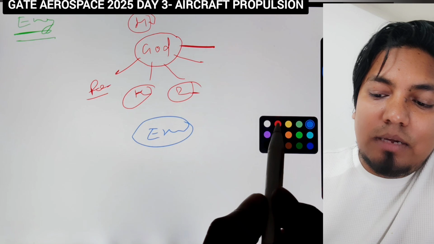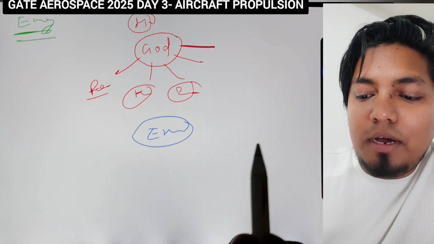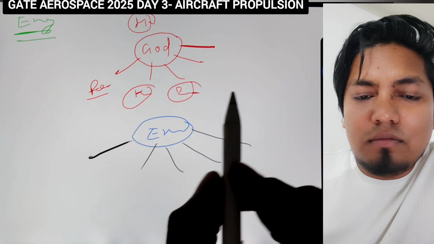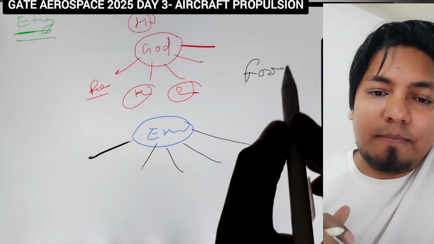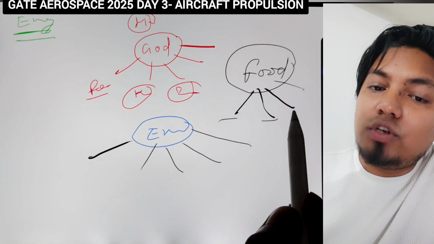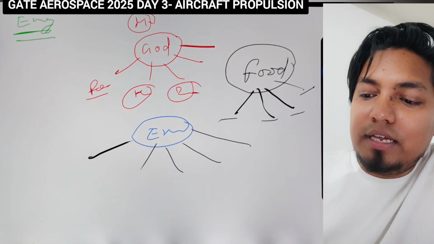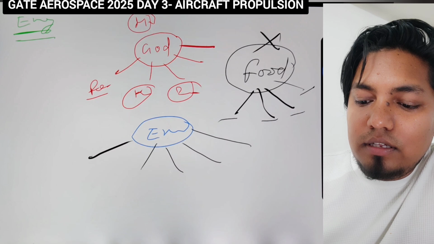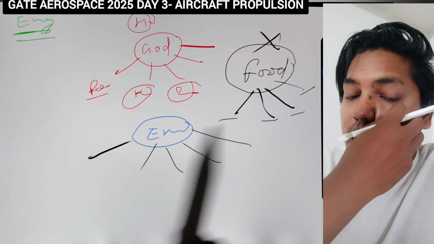For example, when you say I need food, I am hungry, which food do you want? Roti, chawal, pizza, samosa, what do you want? You need some form, right? There is nothing called just food. Food is always present in some form. In the same way, if you go and ask for energy, they will ask which energy you want, which form of energy.